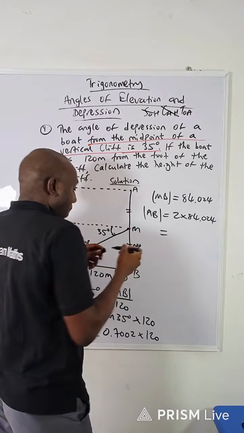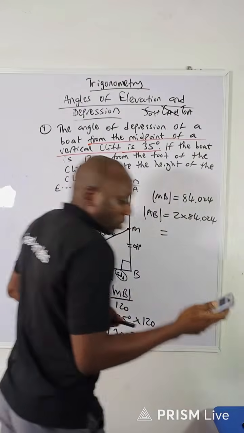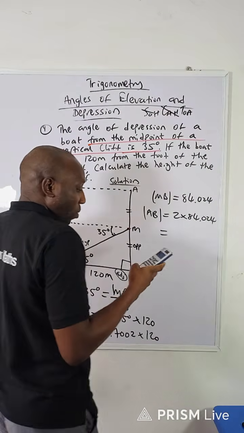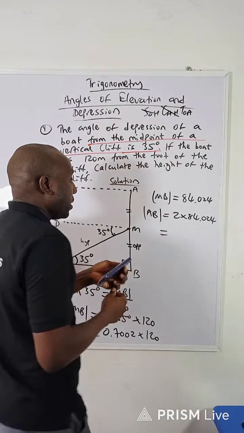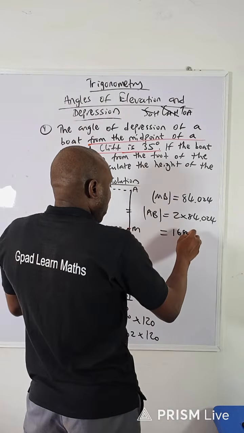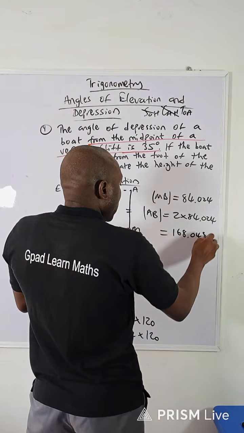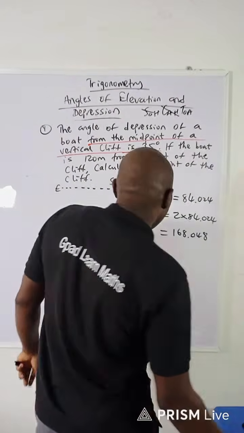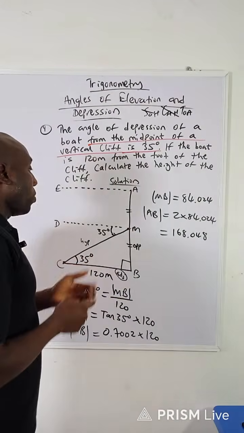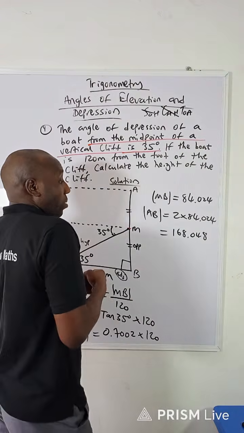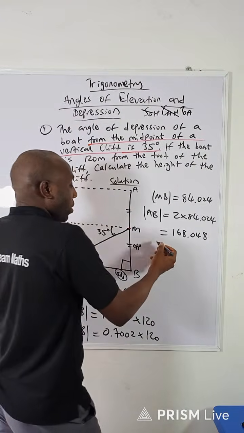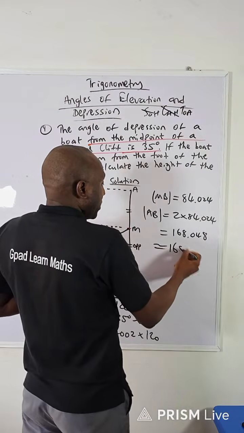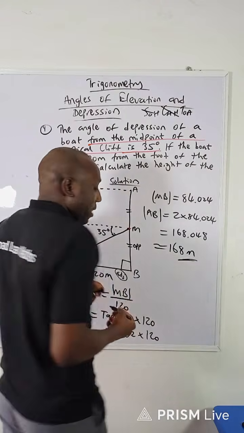I'll just use a calculator. So multiply that by 2. That will be 168.048. Which unit is this? Is it meters? If you want to round it to one decimal place or to a whole number, you have 168 meters. So this is going to be the answer.